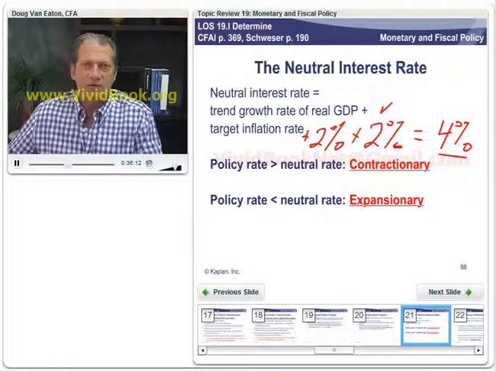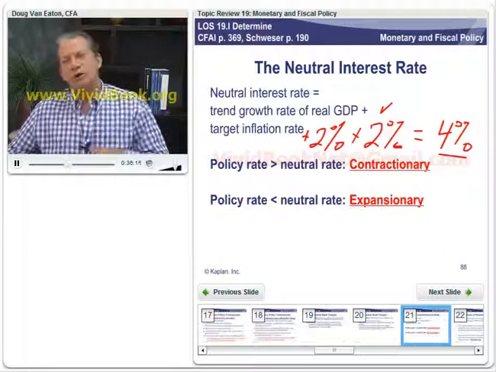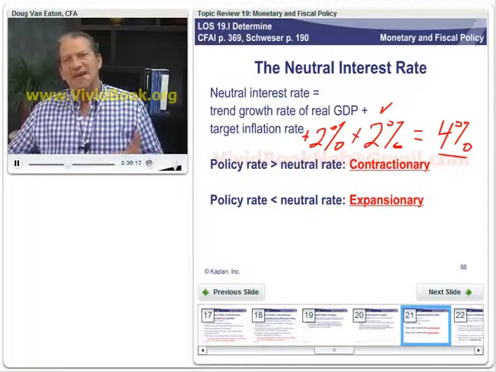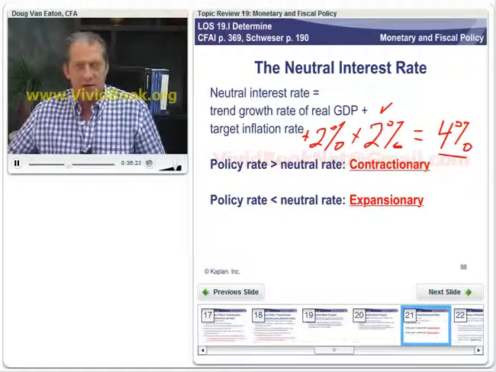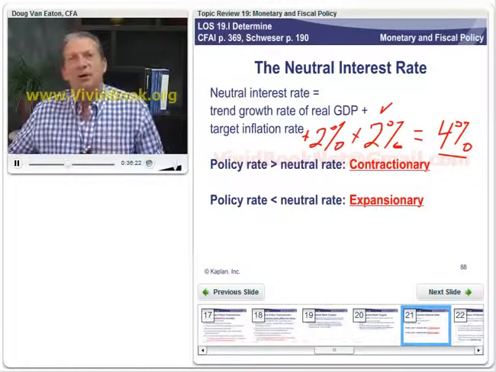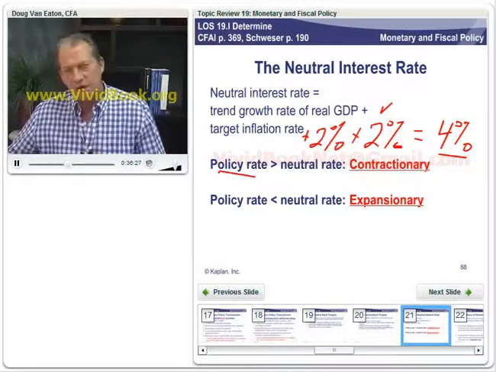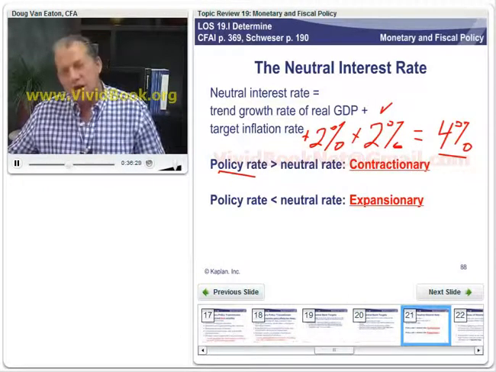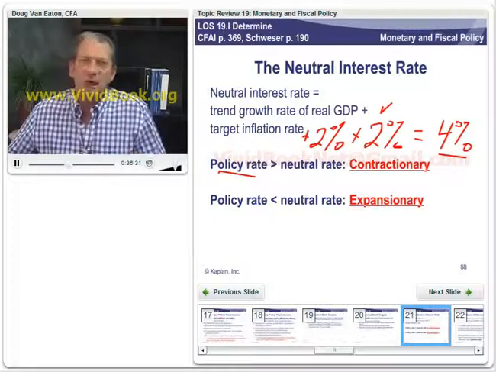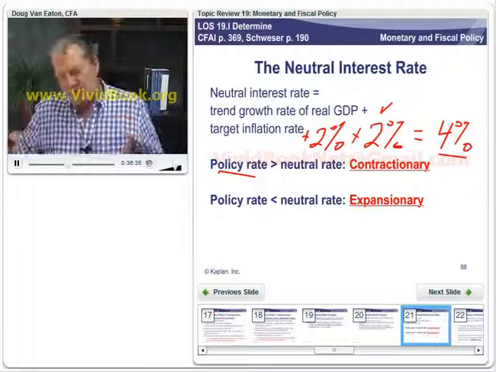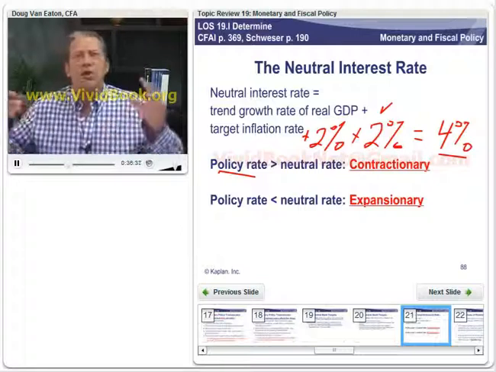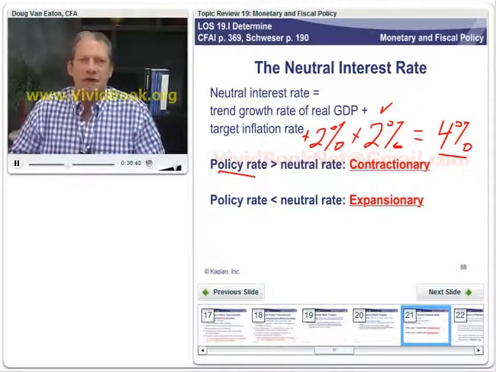2% inflation. So now to look at a policy rate and say, is it contractionary or is it expansionary, we've got to compare it to the neutral rate. So if that policy rate, right, that interbank lending rate or the rate at which the central bank lends reserves is higher than that, well, remember, raise the policy rate, contract the economy.